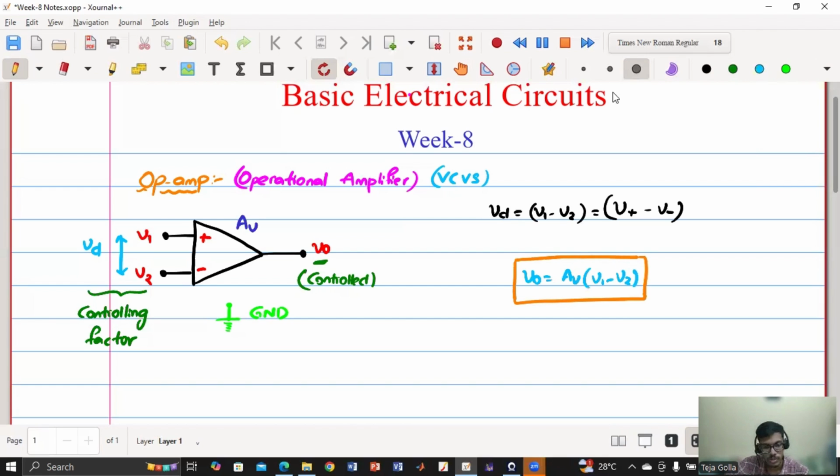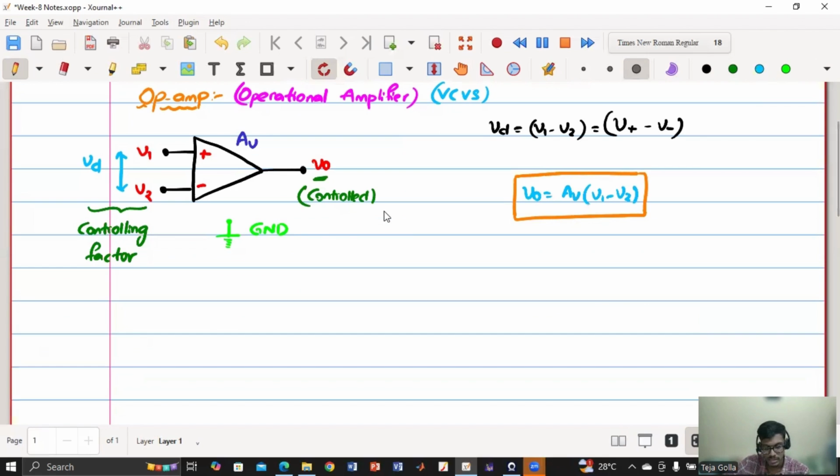Now this can also be represented as a voltage controlled voltage source. We have one input here and we have the output here. This is plus minus VD because this is V1 and this is V2.